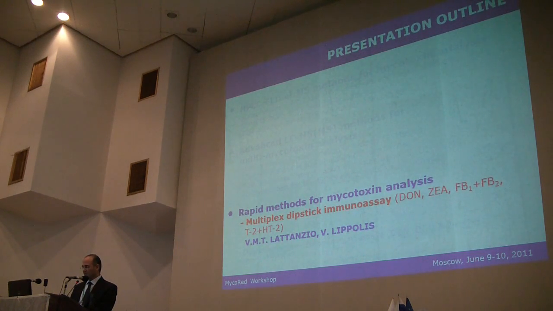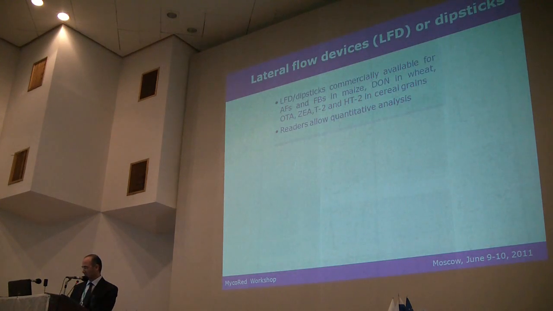We have also some experience in rapid methods for analysis of mycotoxins, and in particular, we have developed a multiplex dipstick immunoassay. The current lateral flow devices, dipsticks, commercially available, are for single mycotoxins: for aflatoxin B1 and fumonisin in maize, for deoxynivalenol in wheat, for ochratoxin A, zearalenone, T2, and HT2 toxin in cereal grains.